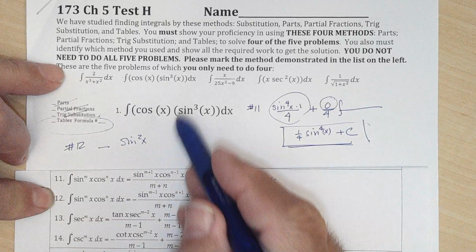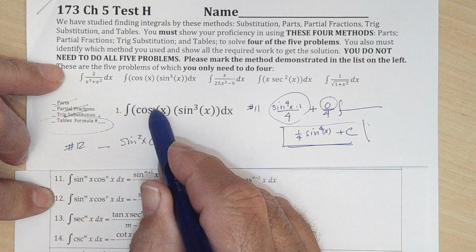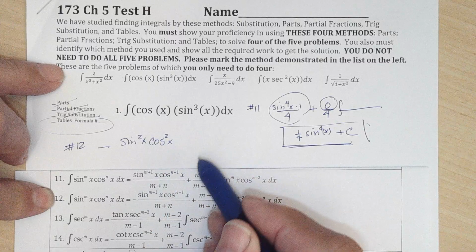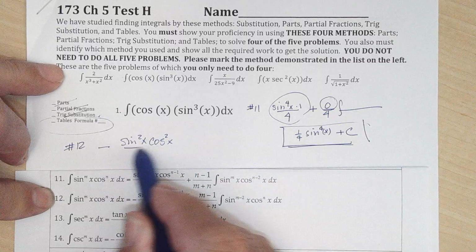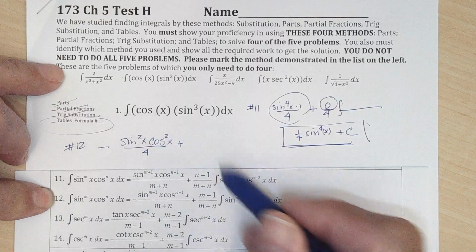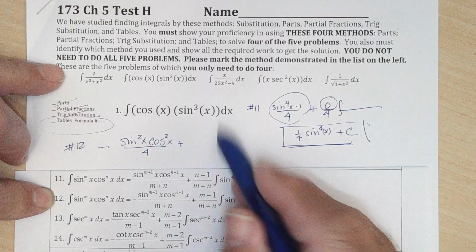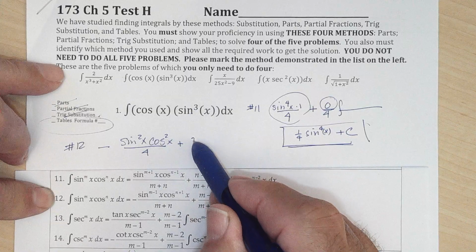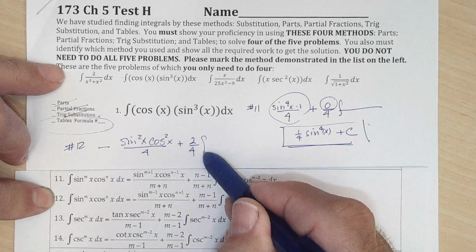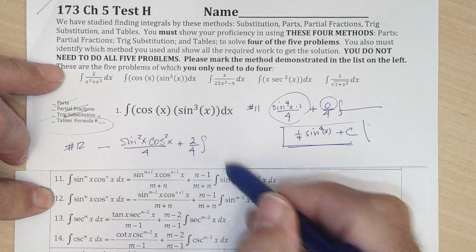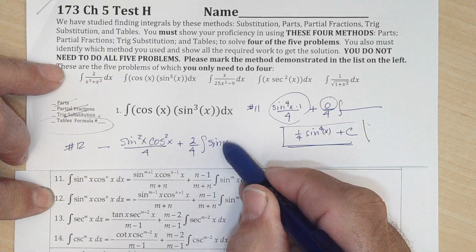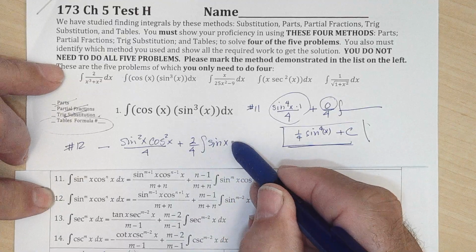Cosine 1 higher power, so there'd be cosine, not 1, but cosine squared x over m plus n, which is again 4, plus m minus 1, so 3 minus 1 is 2 over m plus n, 4, integral of sine 2 less, which would be sine to the 1, cosine the same power.